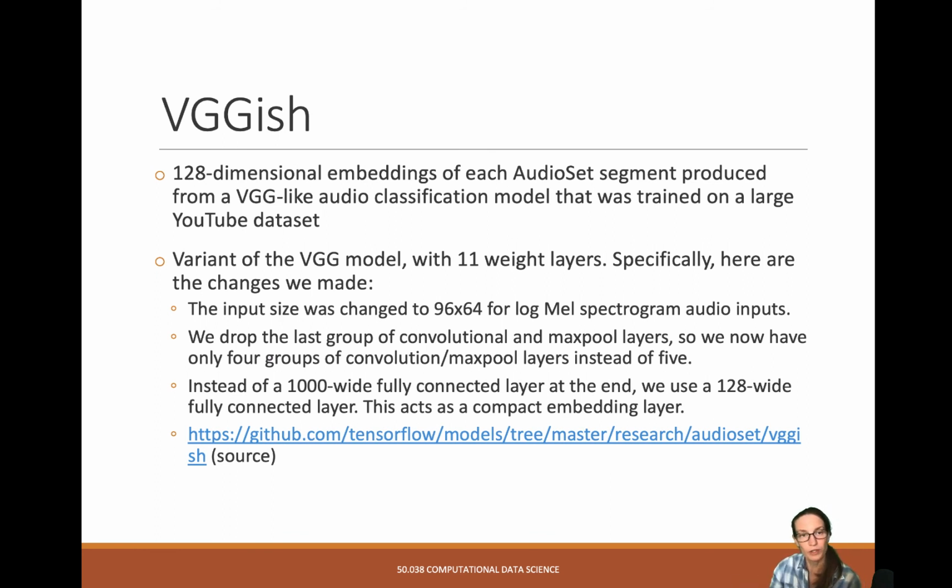Now, if you want to represent audio in a slightly different way, also based on spectrograms, you can use pre-trained neural networks, just like the pre-trained neural networks from the ImageNet competition, like you get ResNet 50 based on ImageNet. You can get VGG pre-trained on AudioSet.